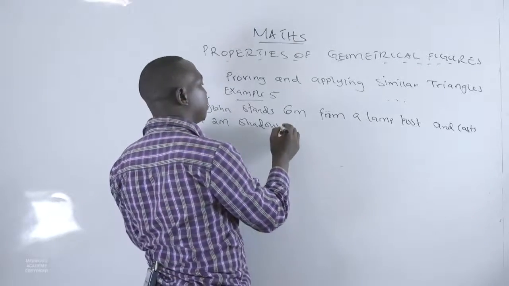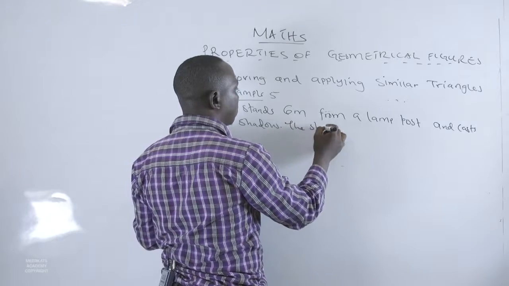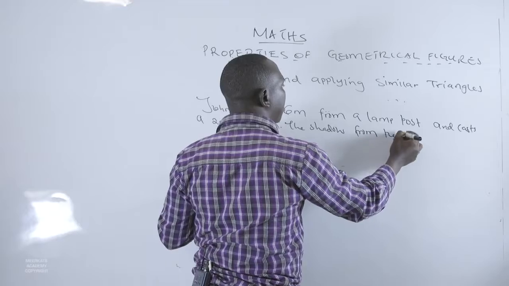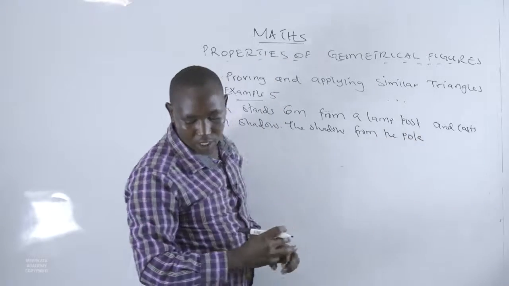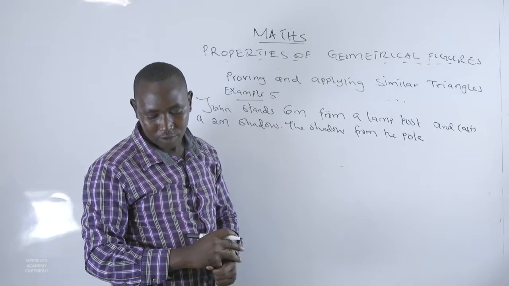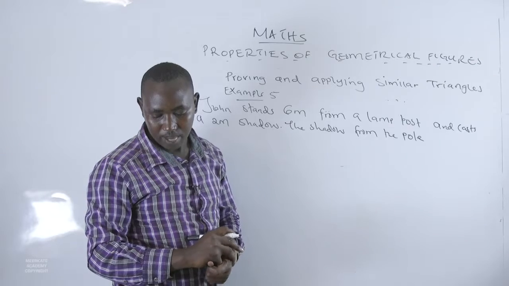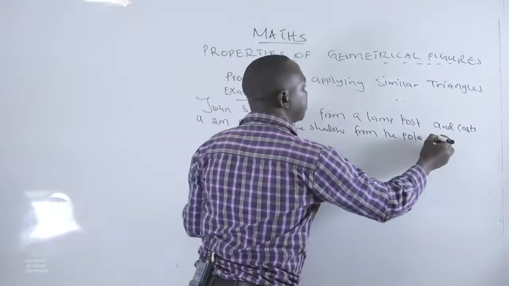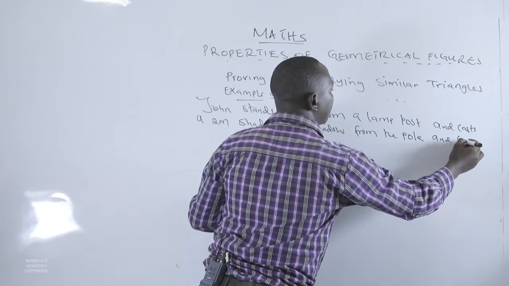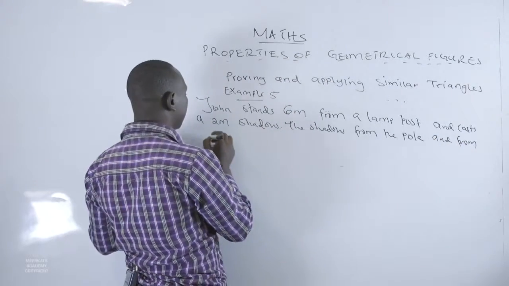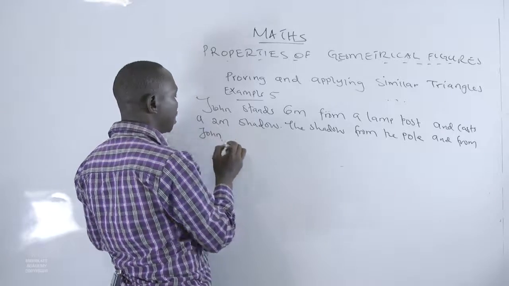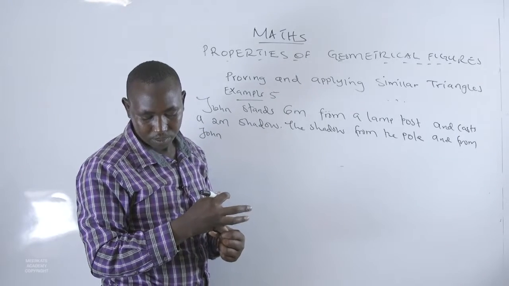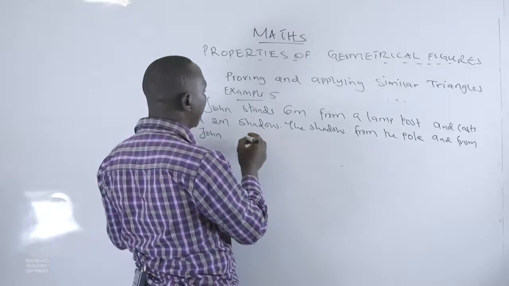The shadow from the pole and from John end at the same place.